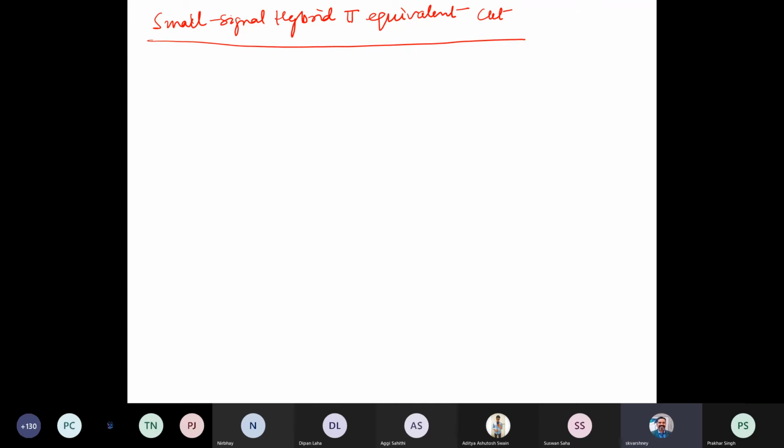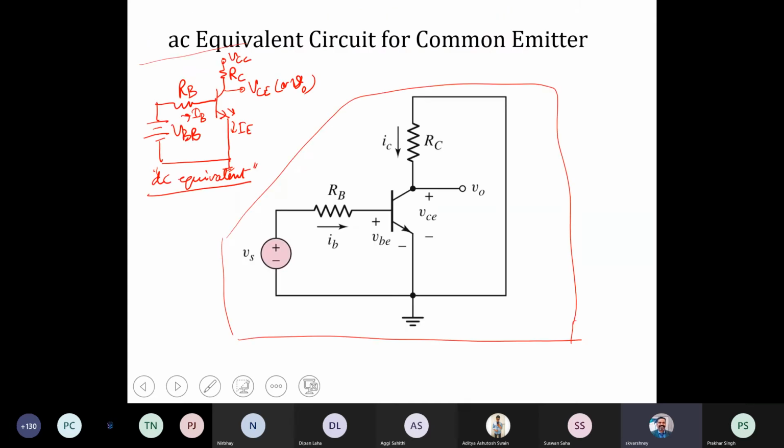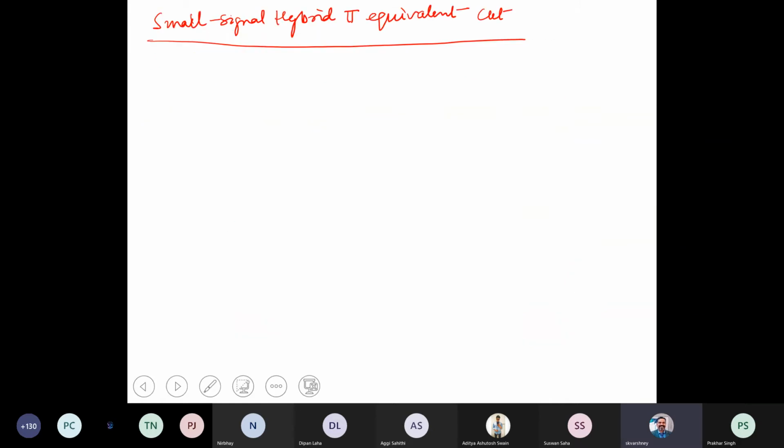So what we do here is consider a hybrid pi model. If we consider the BJT, this is an input, and that's an output.